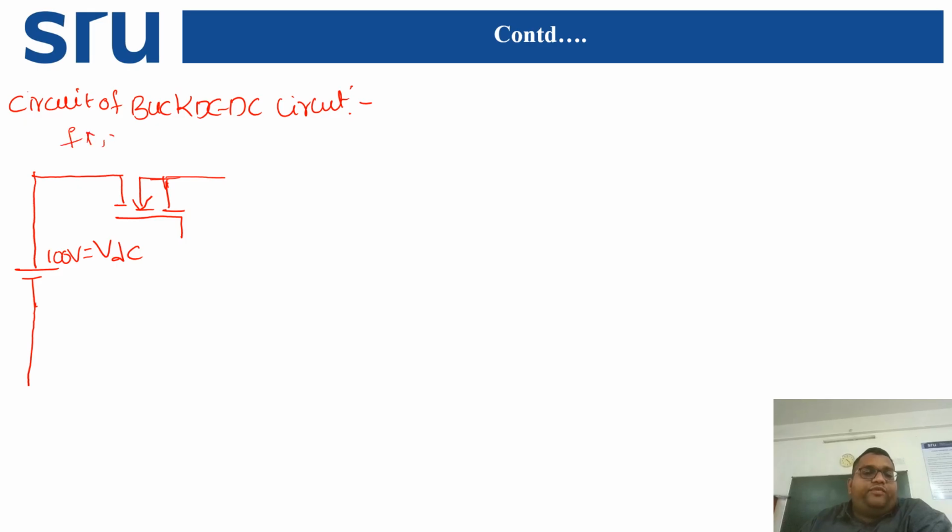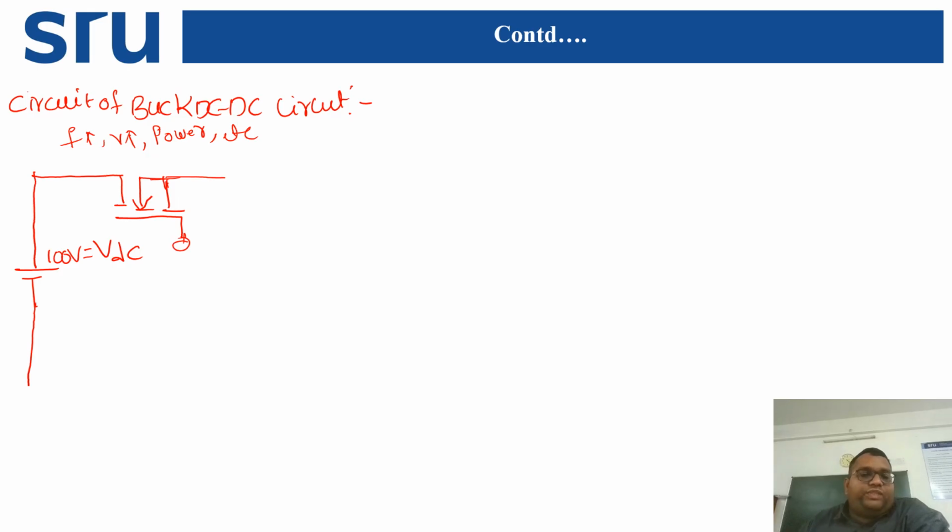It will operate at different voltage levels, that is the second one. And for MOSFET high frequency applications, along with that it can operate high power factor correction devices. So there are different types of applications that are possible with the help of this metal oxide semiconductor field effect transistor.